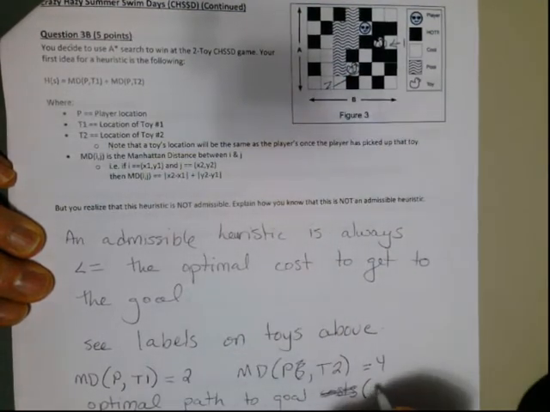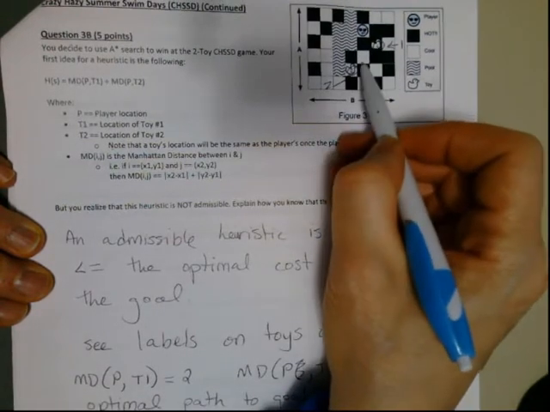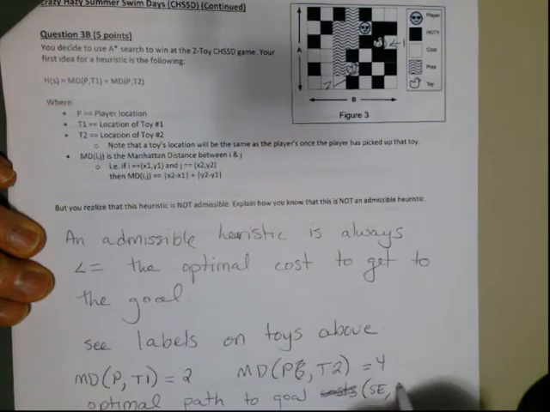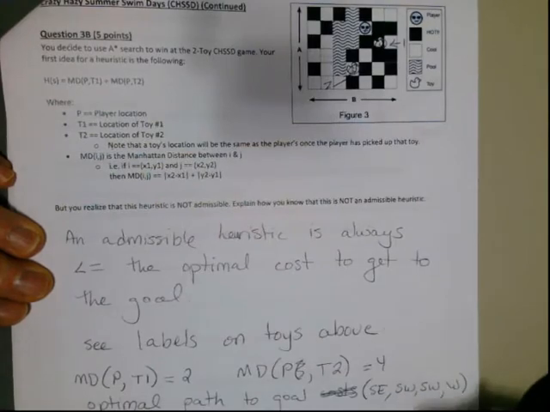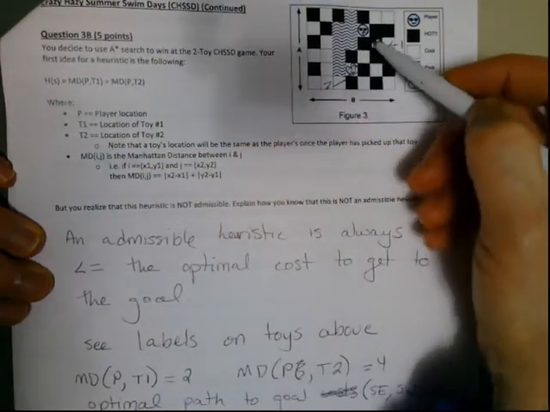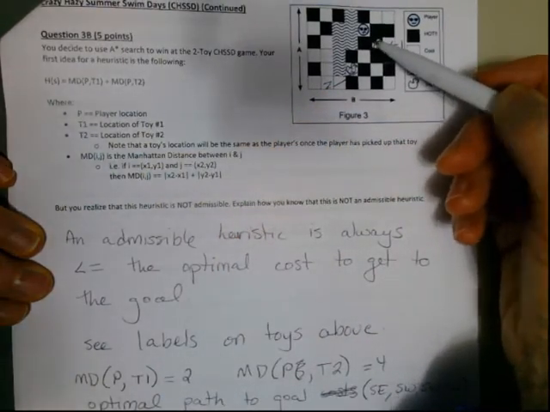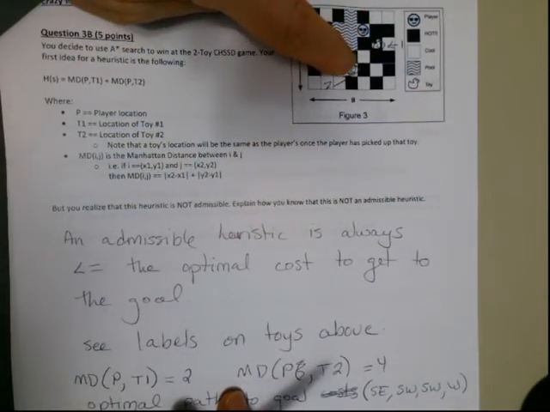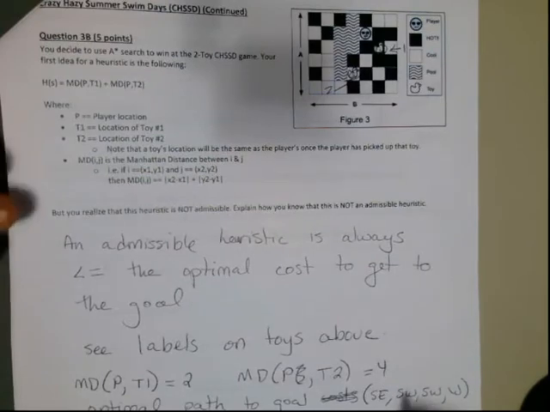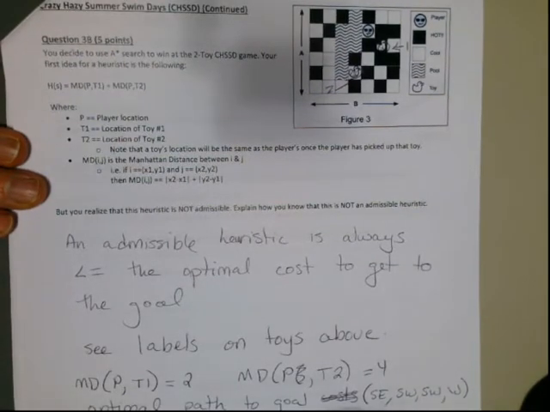So southeast. And then you would go southwest, southwest, and then west. Is that right? So southeast, and then southwest, southwest, and west, and that is 1, 2, 3, 4 equals 4 steps.